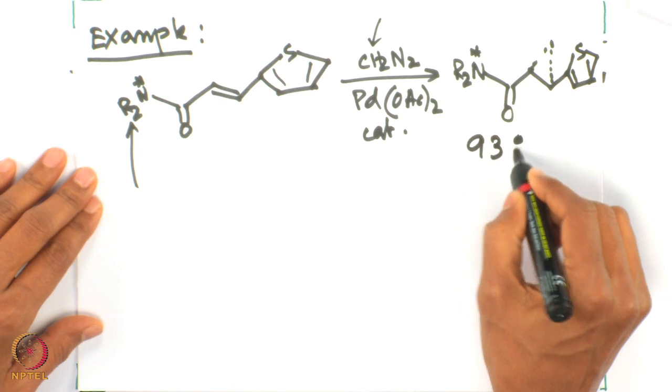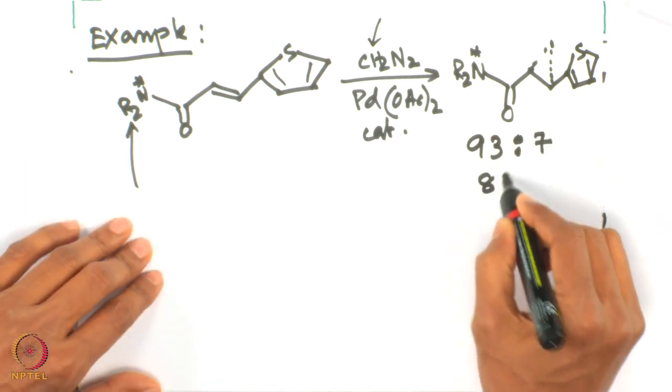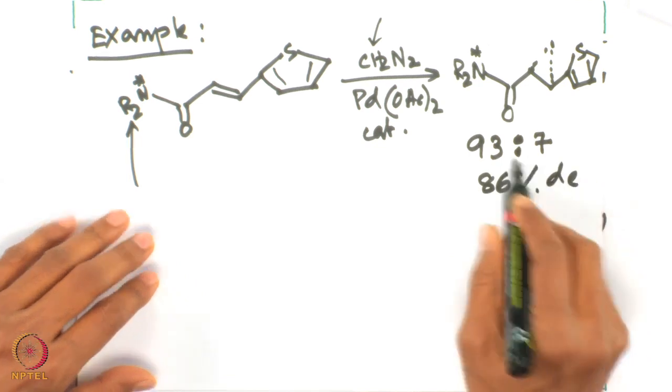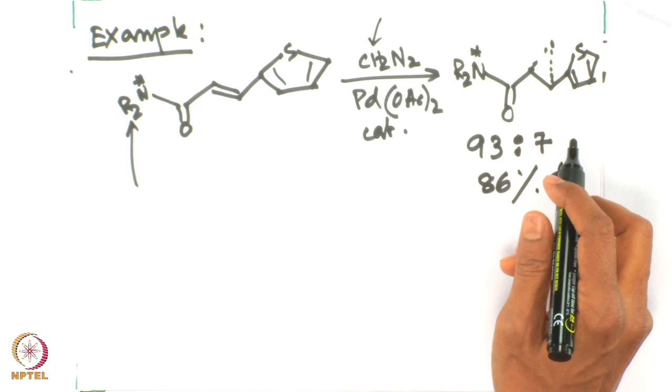Now, in this case we get 93:7 diastereomeric ratio, so therefore 86% DE, which is quite interesting for such reactions.